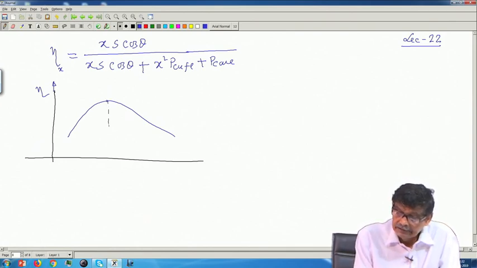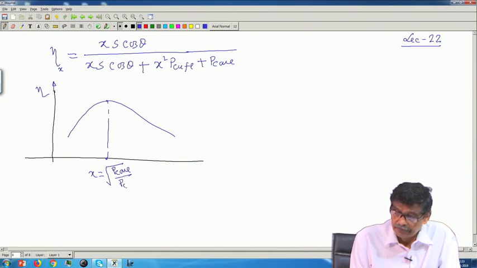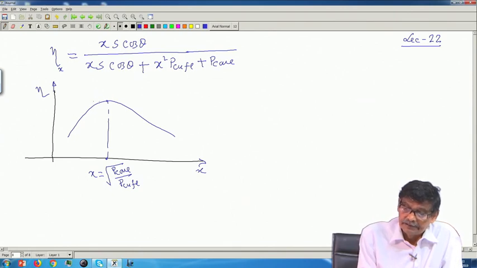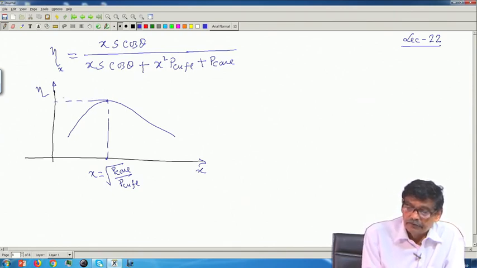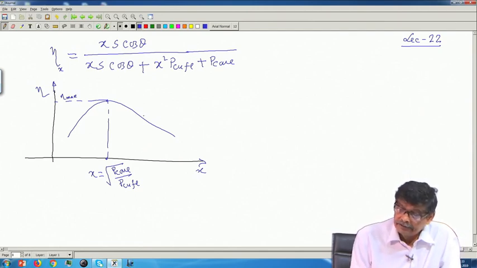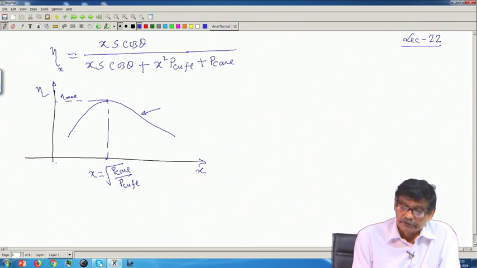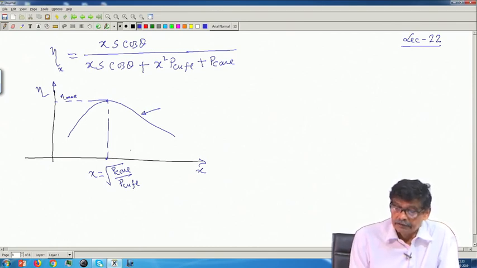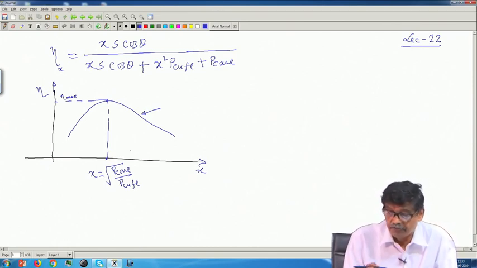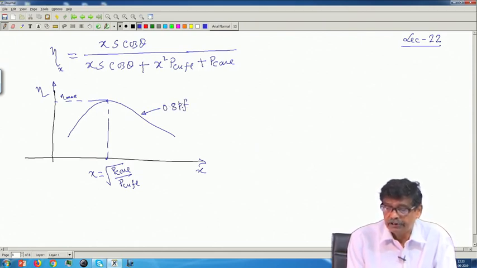This is the load at which maximum efficiency will occur, P_core by P_CU full load, and this is your x. This is eta max. This was found, and I told you also, this is important to note, that this curve has been obtained at a fixed power factor. So, tag that: 0.8 power factor.